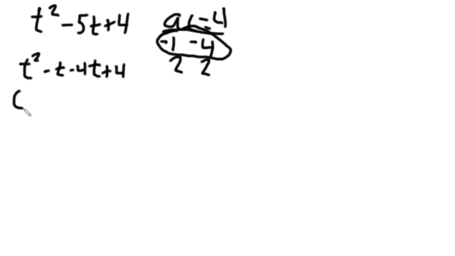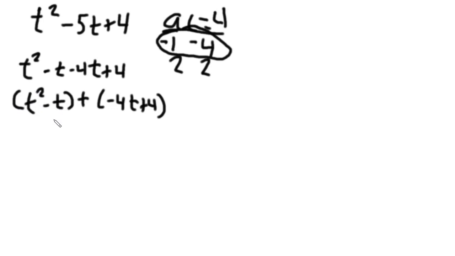Now we're going to group together the first and last 2 terms, making sure to leave a plus sign in the middle. A lot of students forget to leave that plus sign, but it's really important, because right now this is an addition expression, not a multiplication expression.